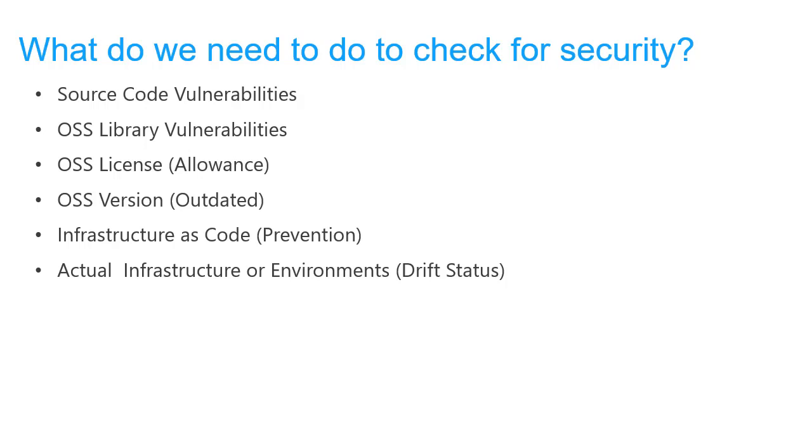So I must also scan and check the existing or actual infrastructure environment so I can understand the drift between my baseline and the actual environment. And it is not only measuring the drift, but also measuring and fixing it.